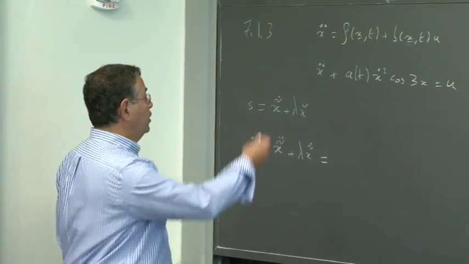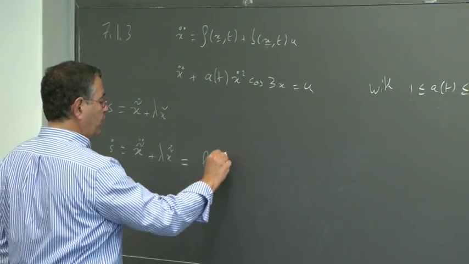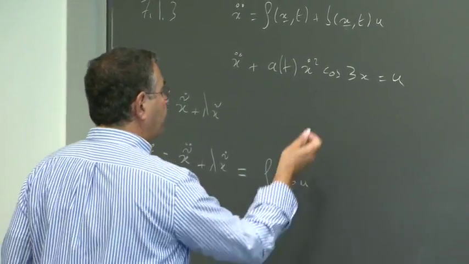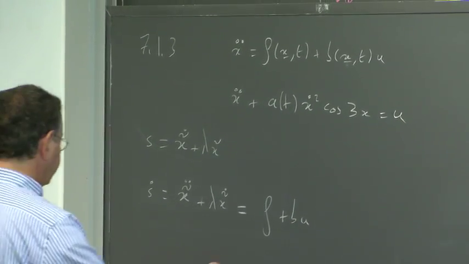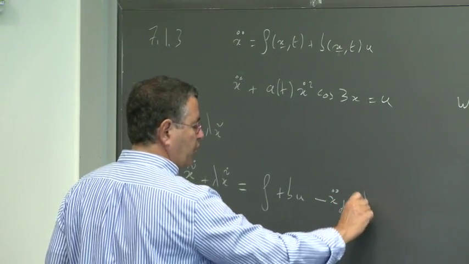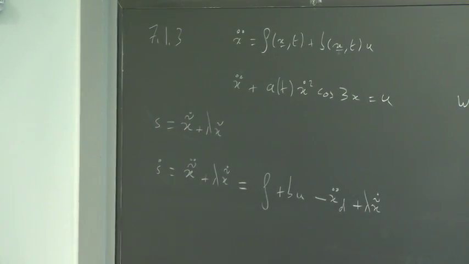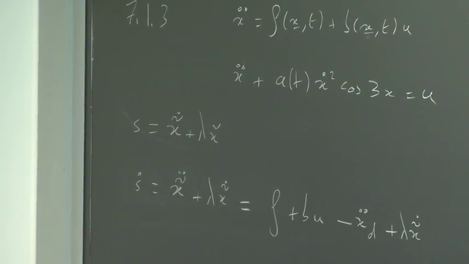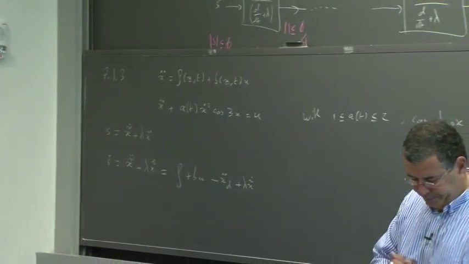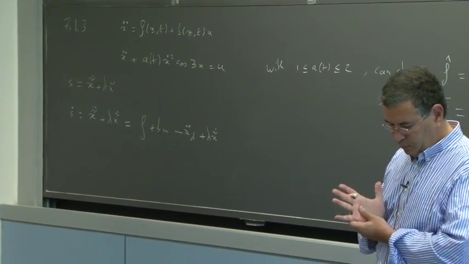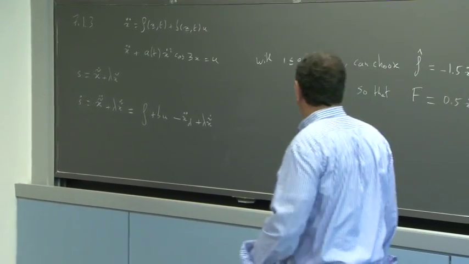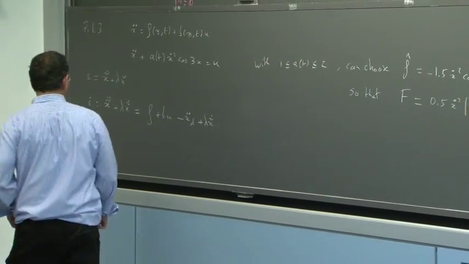So x tilde double dot is x double dot, which is f plus bu, minus x double dot d, plus lambda x tilde dot. Okay, so that's the value of S dot.